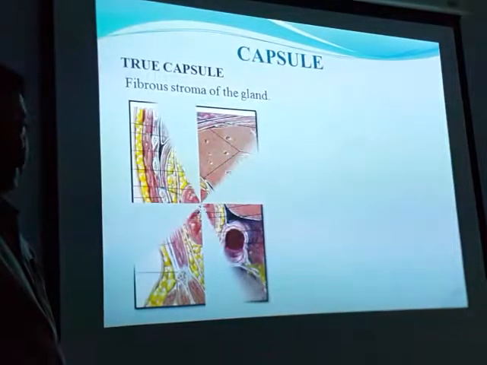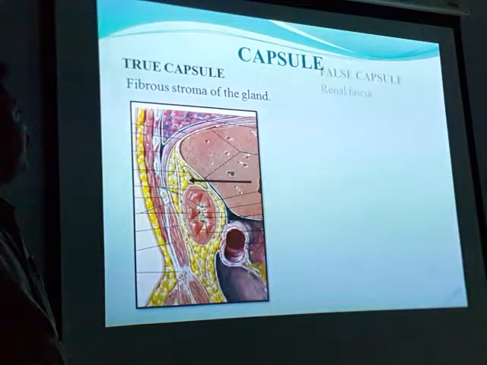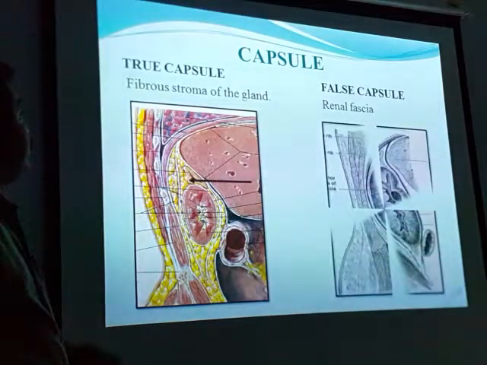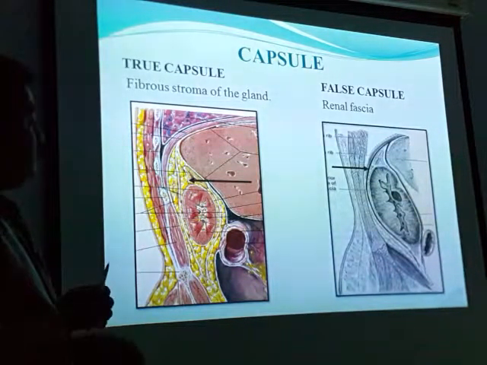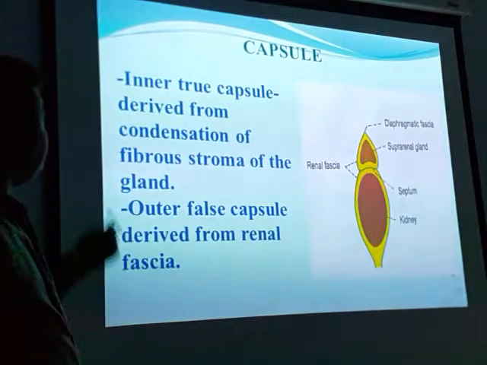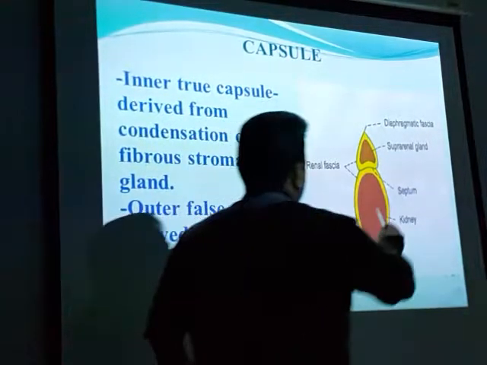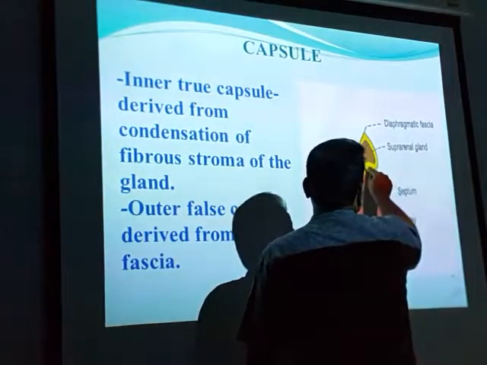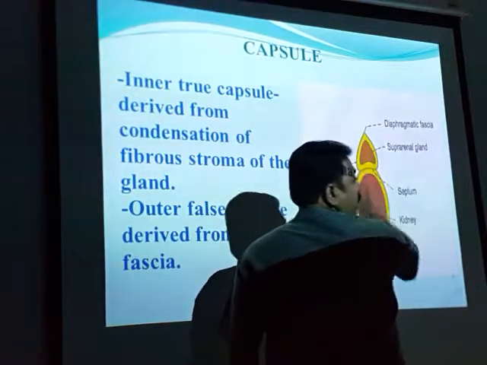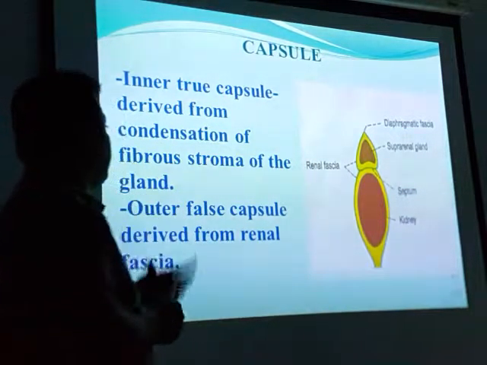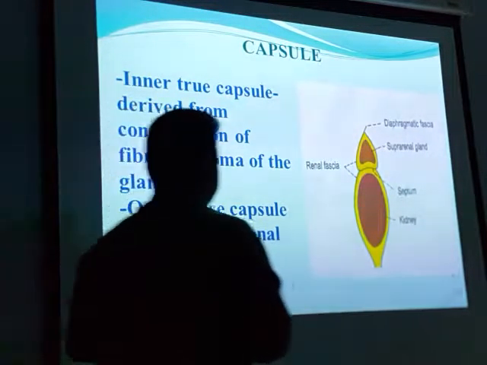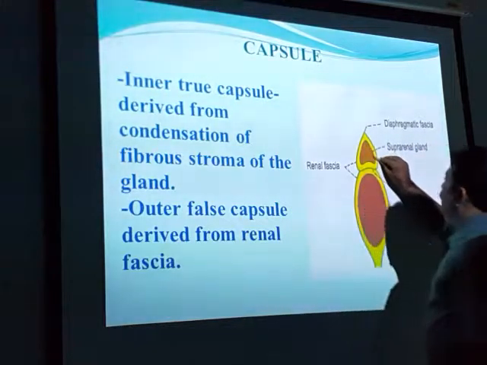Next is the capsule of the suprarenal gland. There is a true capsule and a false capsule, the inner and the outer. The inner true capsule is derived from the condensation of the fibrous stroma of the gland.